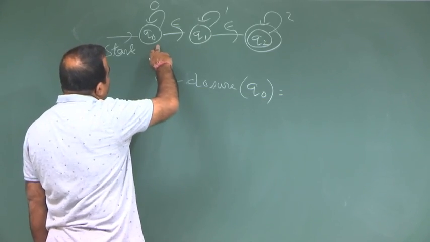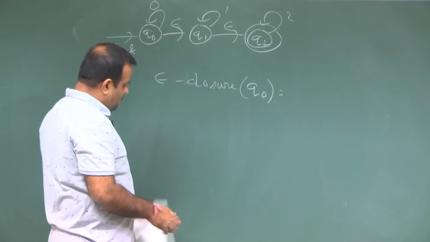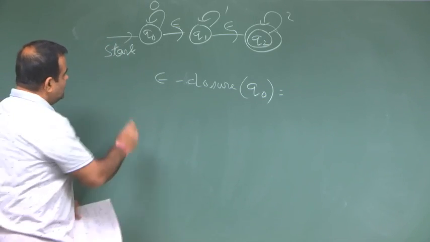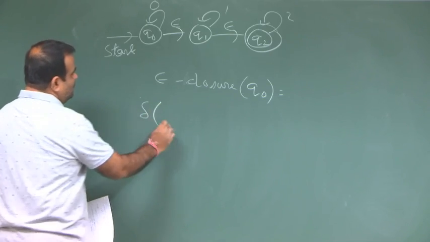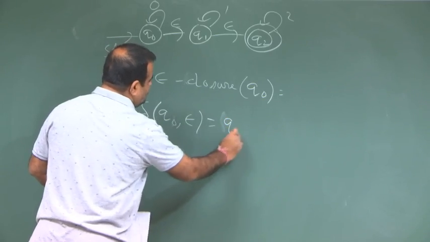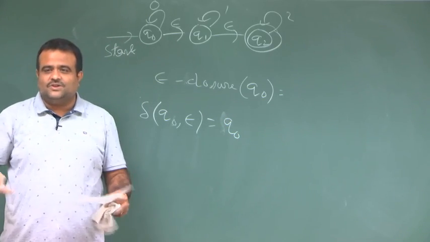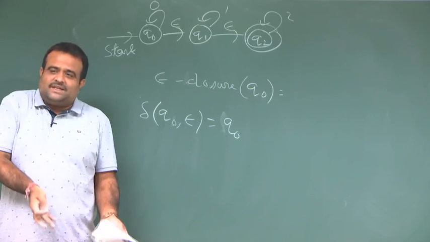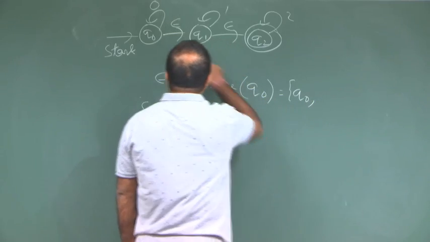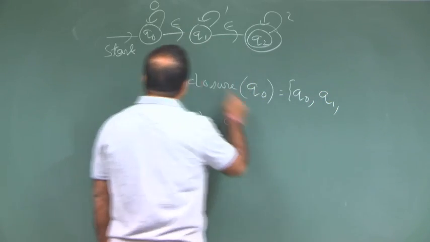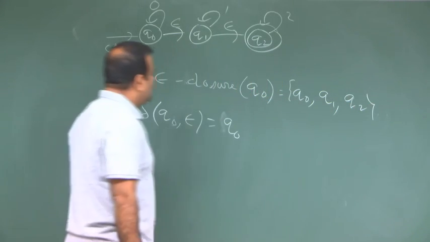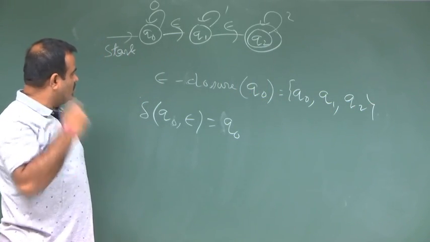Delta of q0, epsilon is always q0, because if we are at q0 without seeing any input we remain at q0. So this is by default. This set contains q0, and with epsilon move we can go to q1, and with another epsilon move you can go to q2. So this is the epsilon closure of q0.